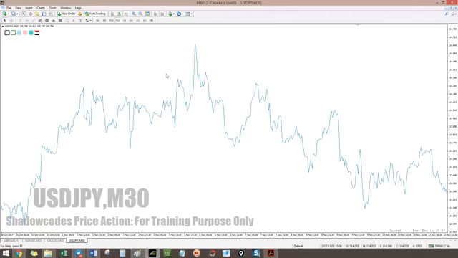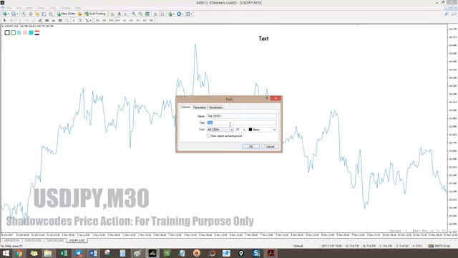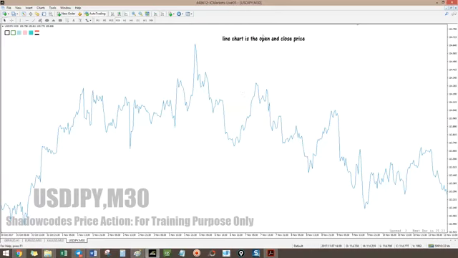The line chart is the open and close price. I will write it down here. Line chart is the open and close price. Note this down. Remember, we take this one up to here.